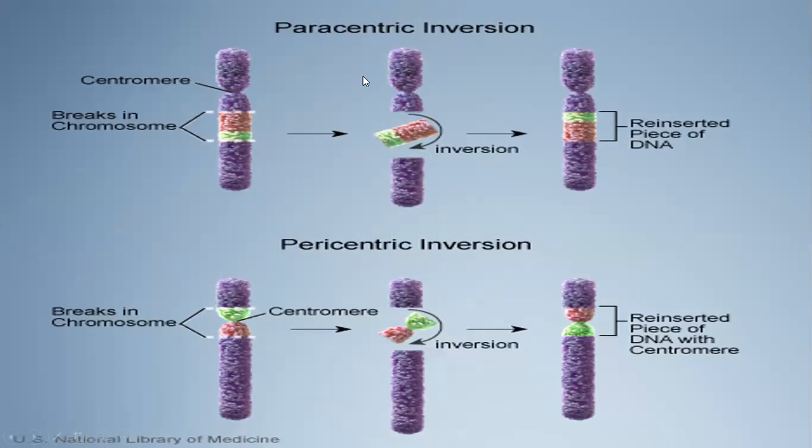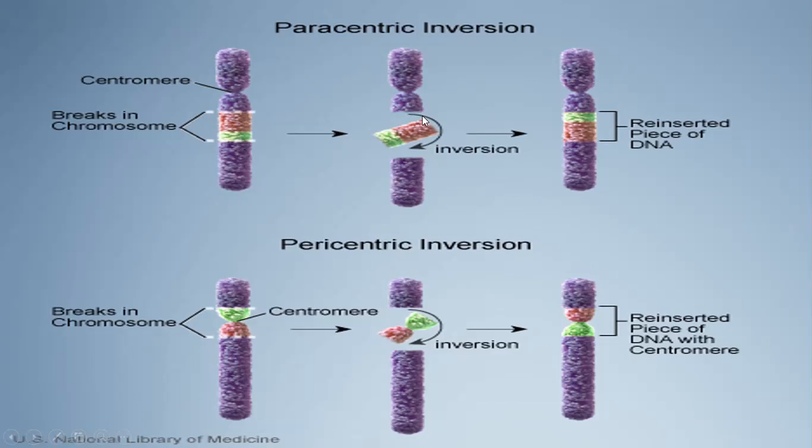Once again, paracentric inversion. This portion is showing paracentric inversion. You can see here is the centromere. The chromosome is breaking here. In the initial chromosome, the pink color genes are on the top and green color at the bottom.